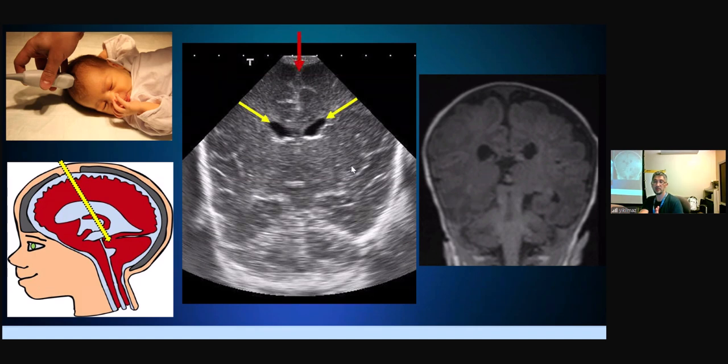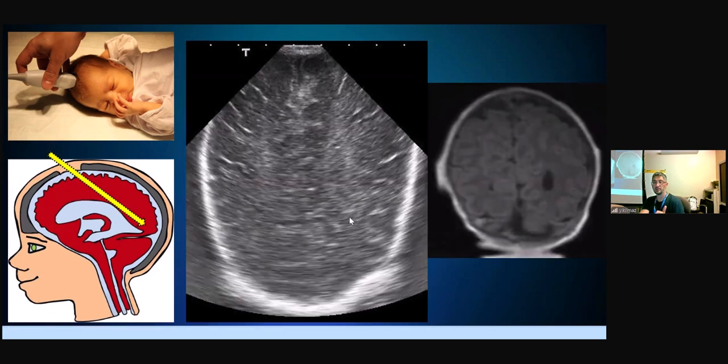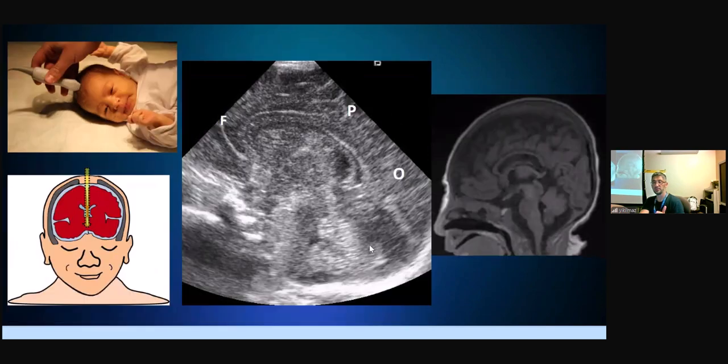Here, interhemispheric fissure, thalami bilaterally, tentorium cerebelli as an echogenic structure, cerebellar hemispheres, cerebellar vermis, and then a little bit posteriorly, we start seeing the choroid plexus and the parietal lobes, and then we start seeing the occipital lobes.